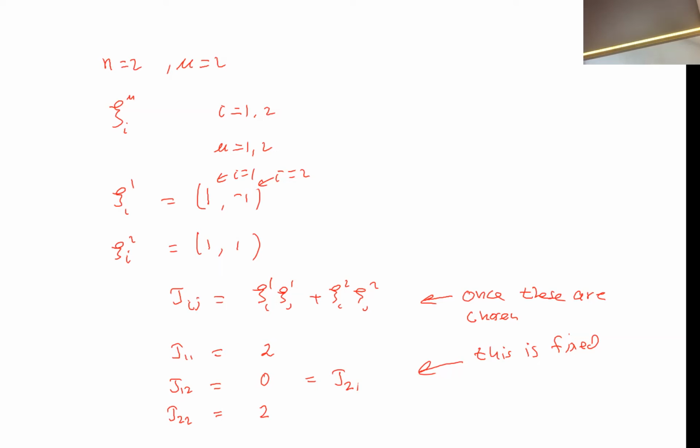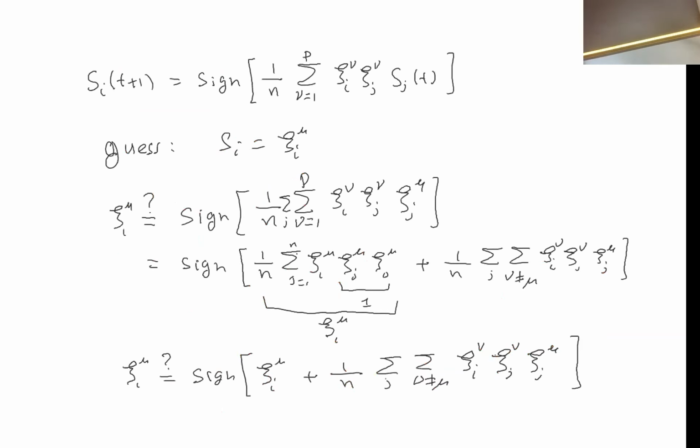Remember, this was our guess: the guess is that this is a fixed point of the dynamics. So basically the vector S equals a vector squiggle mu is a fixed point of the dynamics.